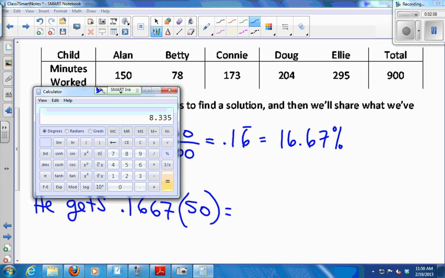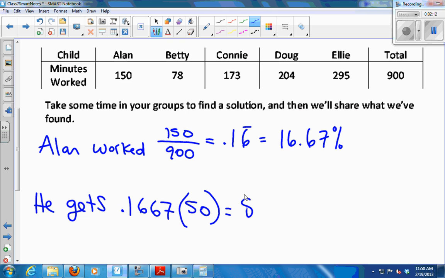So that's like 8.3 pieces of candy. So he did about 17% of the work. He should get about 17% of the candy.